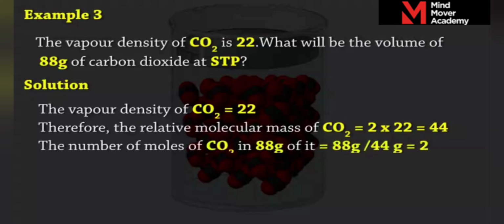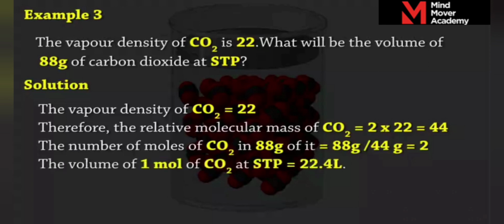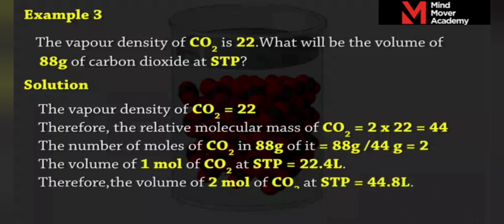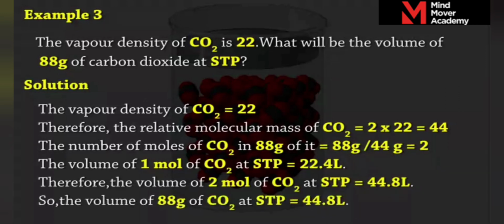The number of moles of carbon dioxide in 88 grams of it is equal to 88 grams divided by 44 grams, which is 2. The volume of 1 mole of carbon dioxide at STP is equal to 22.4 liters. Therefore, the volume of 2 moles of carbon dioxide at STP is equal to 44.8 liters. So the volume of 88 grams of carbon dioxide at STP is equal to 44.8 liters.